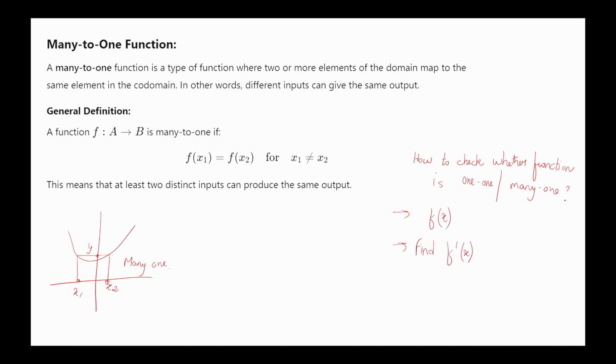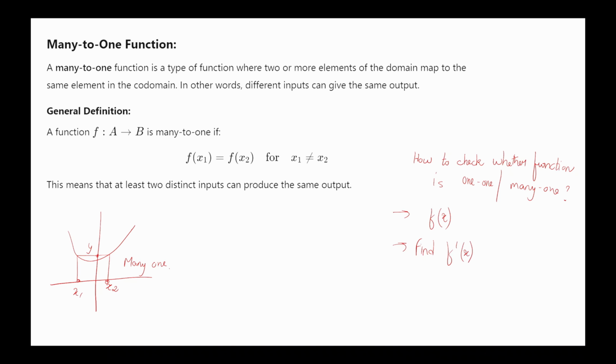I hope you all know what f dash x is. Again, this might be a little new term for you because you will study the basics of differentiation in your physics. When you study kinematics there, you will study how distance can be differentiated to find out your velocity, then it can be differentiated again to find out your acceleration. So for the time being, I hope you all have a little knowledge about f dash x. We find out our f dash x for the function that has been given to us.